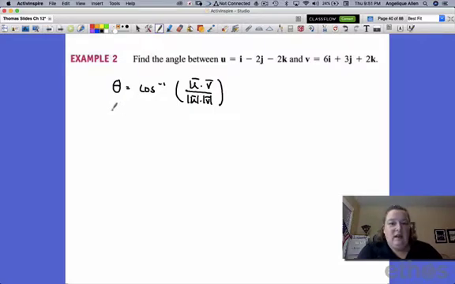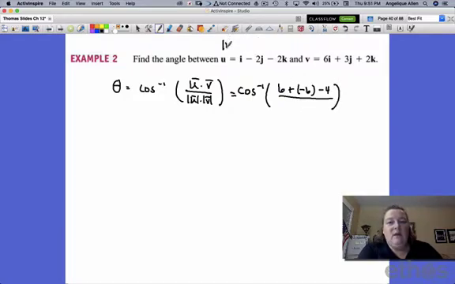So we need to get the numerator: 1 times 6, -2 times 3, and -2 times 2. And on the bottom we need the magnitudes.